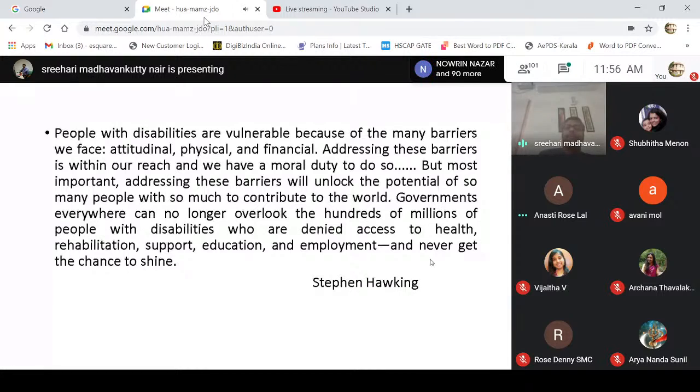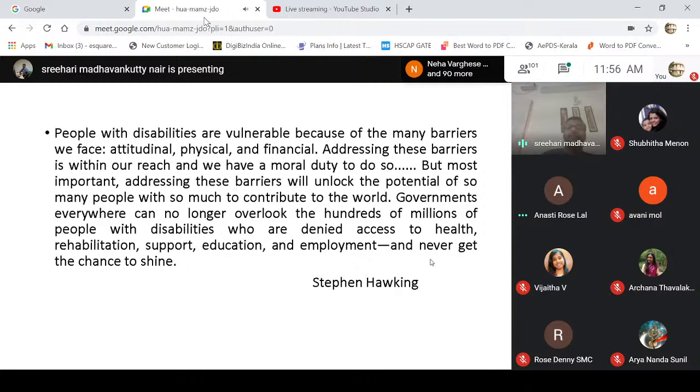But whatever the condition may be, there are so many, from Helen Keller to Stephen Hawking. They have come out of these limited abilities to show people that they can do wonders, and they can do better than many others who have no disabilities.